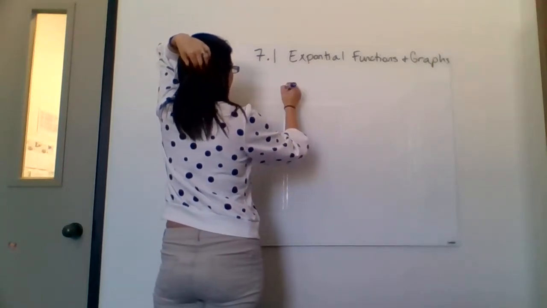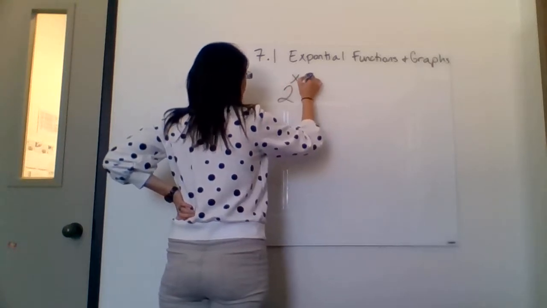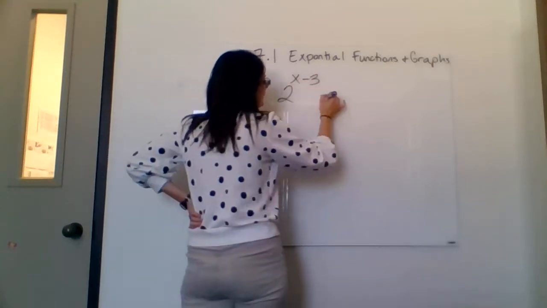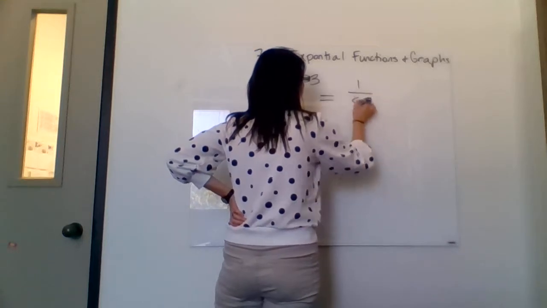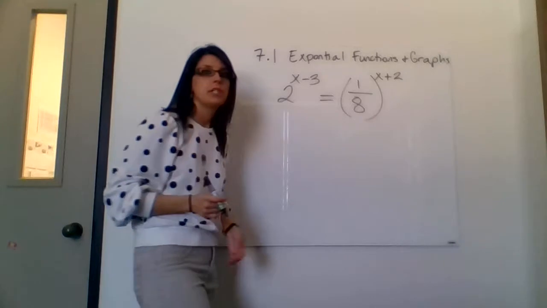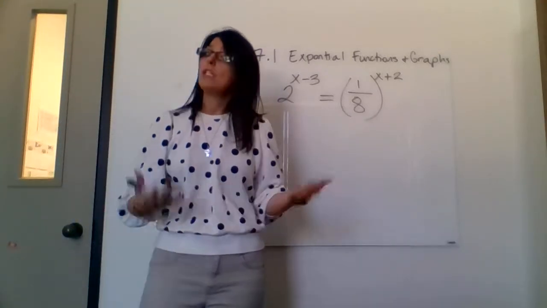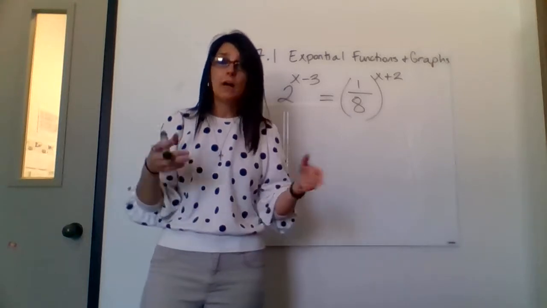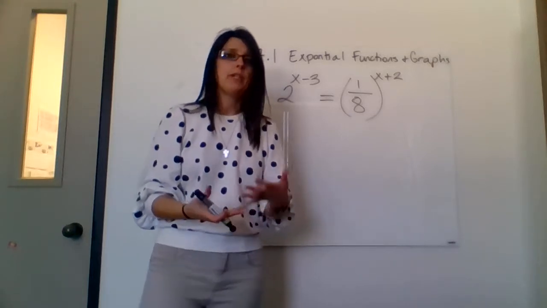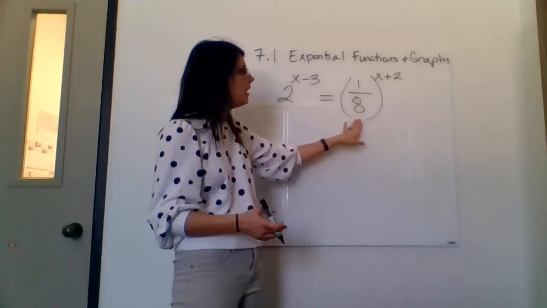Let's say that I have 2 to the power of x minus 3 equals 1/8 to the power of x plus 2. I want to solve this exponential equation. In order to do it, the only tool that we have is to make a common base so we can use the one-to-one property. I have a base of 2 and a base of 1/8.